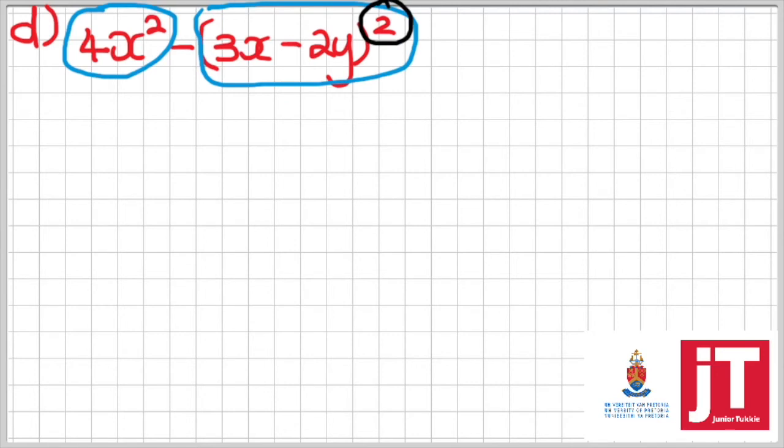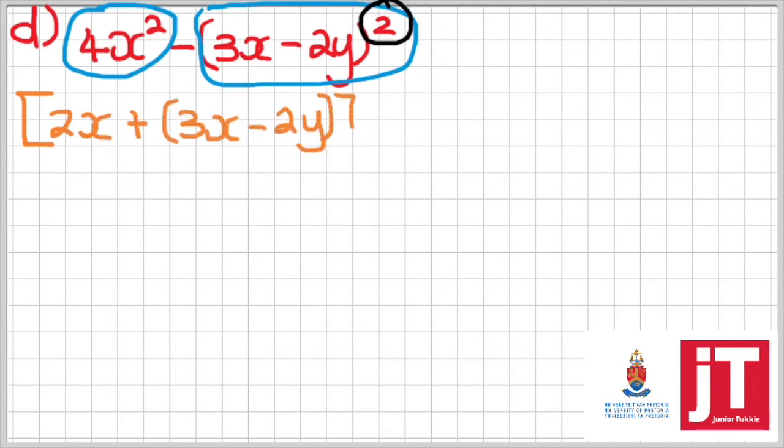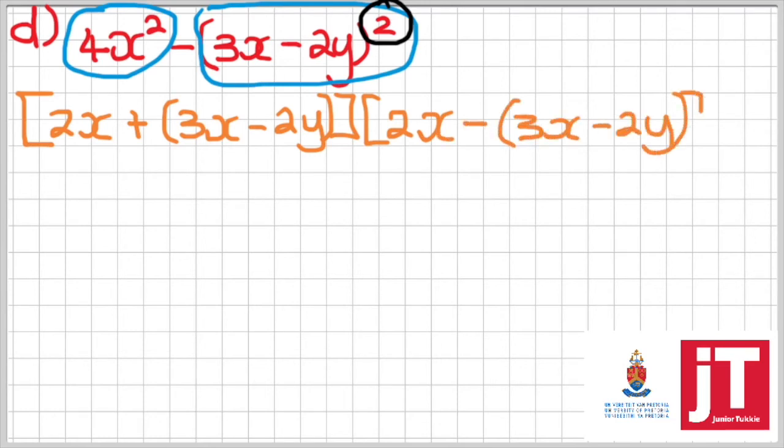That means it's a perfect square as well, which will result in 2x plus, in bracket, 3x minus 2y in the first bracket. We're going to have the same bracket, but with a negative. So we have 2x minus, in bracket, 3x minus 2y, making up the second bracket. Very important, realize that that is a plus and that is a minus, distinguishing our two brackets.